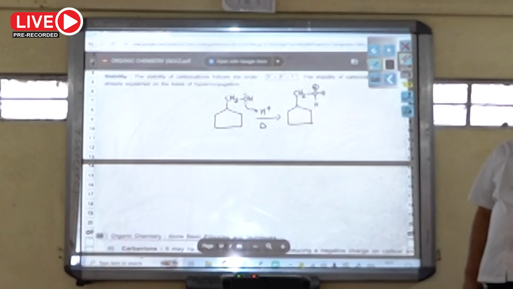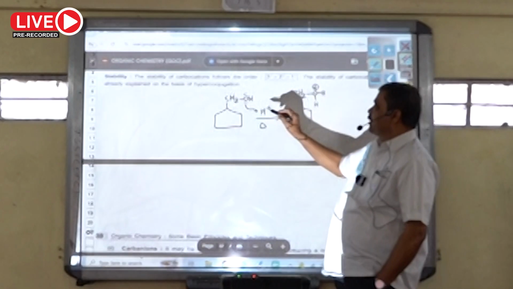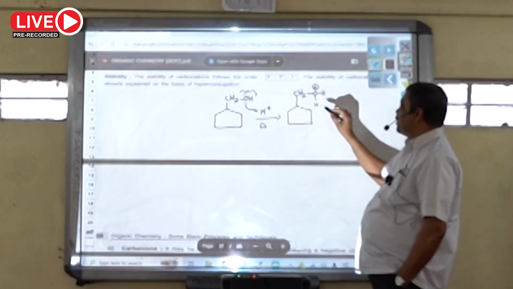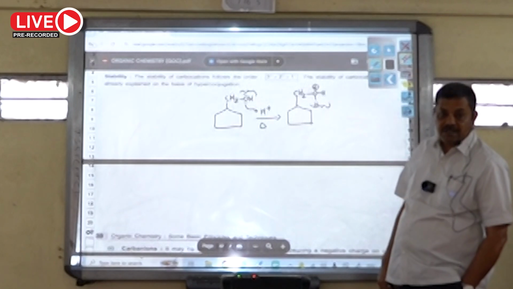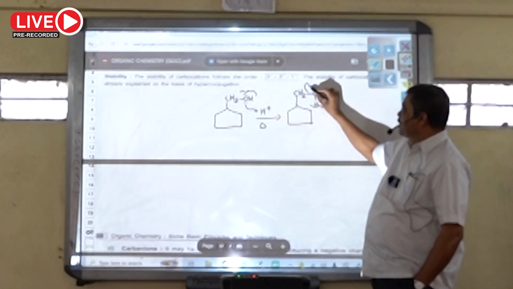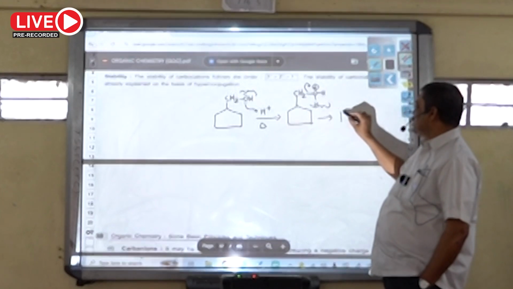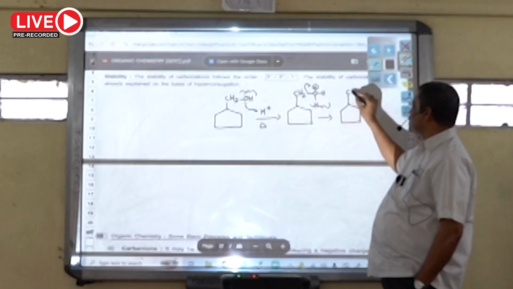When OH is converted into OH2 plus, what happens? OH is a poor leaving group, we already mentioned. When it becomes OH2 plus, it is a good leaving group. It takes the bond pair and leaves. Then what you will get is a carbocation.